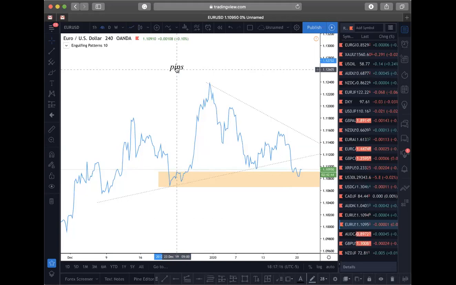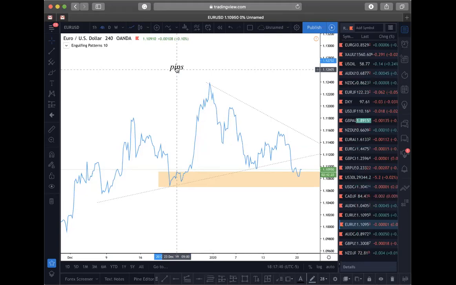Pips is the word we use to measure the distance from one price to another, right? So basically, anytime you place a trade, you would have your target in pips or your risk in pips. Most people would say points, but in the forex market, the term we use is pips, right?